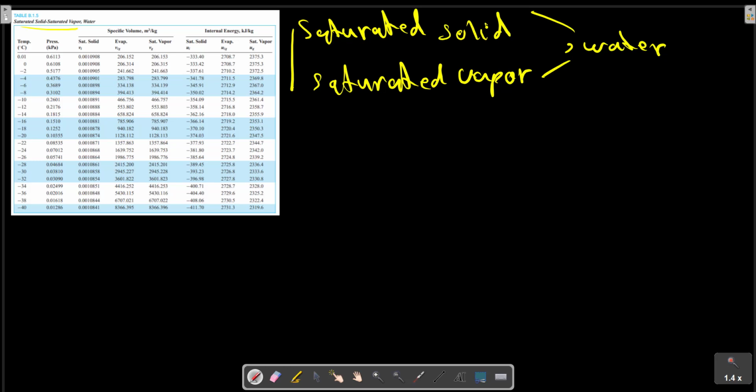The first column gives the temperature and the second column gives the corresponding saturation pressure. As would be expected, all these pressures are less than the triple point pressure.